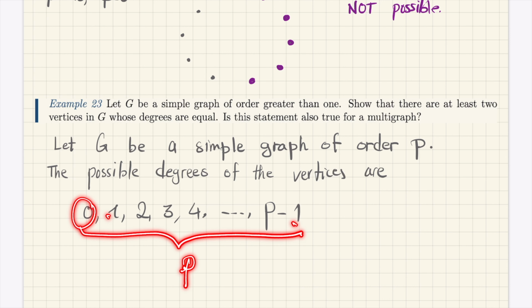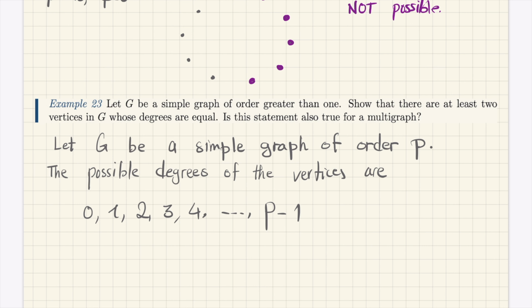The numbers that you see in this list is P, and the number of vertices is also P. So if you are completely unlucky, might be the first pigeon goes into this room, the second pigeon goes here, the third goes here, and the last goes here, and it means that it is not possible to have one of them repeated. But do you think that something like this can happen in practice? Can you say why no? Because there are more pigeons. No, there are no more pigeons. There are P pigeons, and there are P pigeonholes.